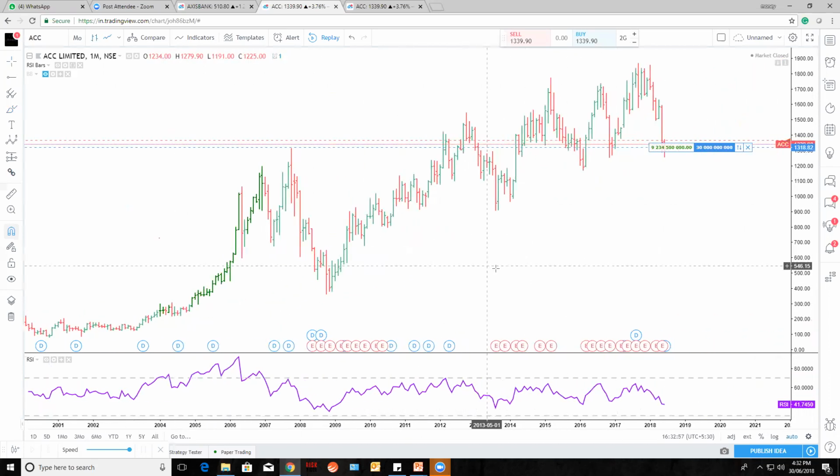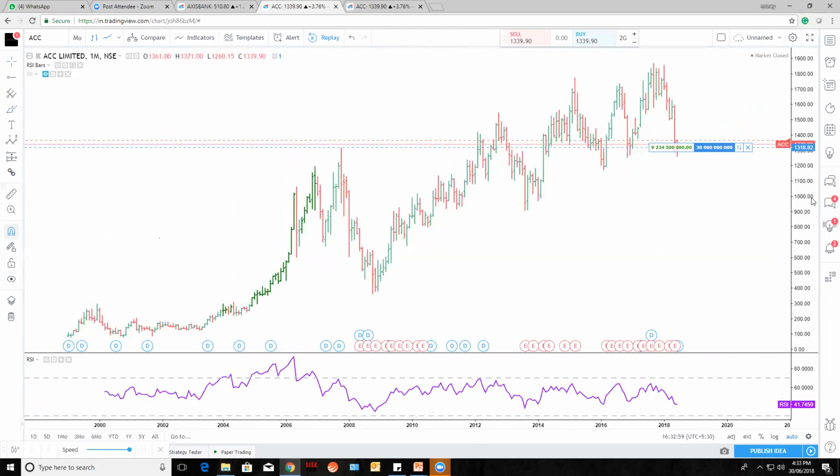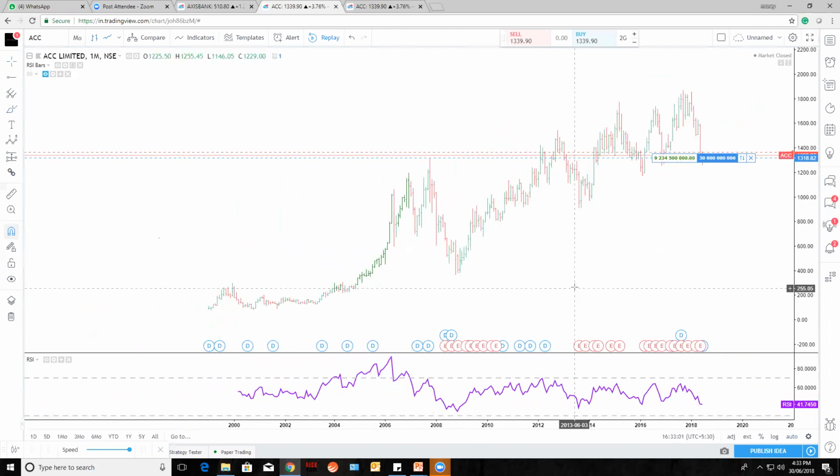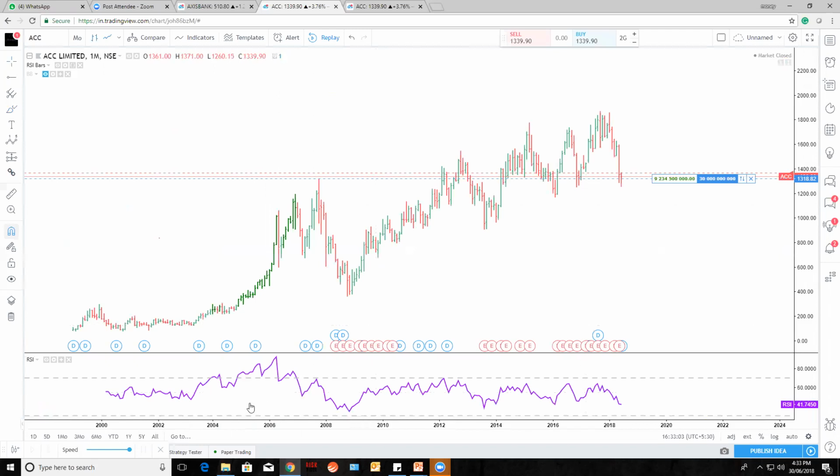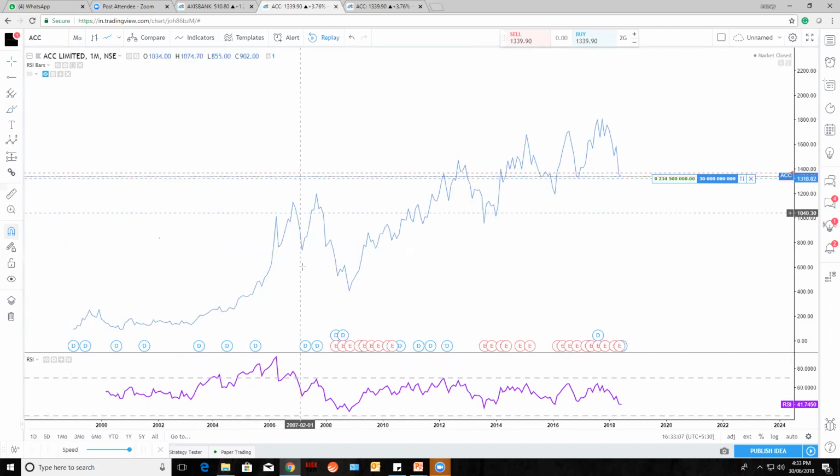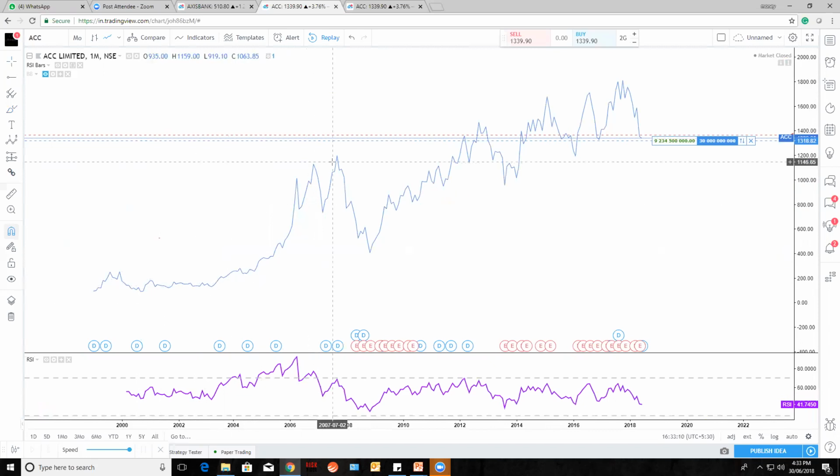Let's take this. If you see in waves, this whole movement is an impulse and this is a correction, this is an impulse, this is a correction, impulse, correction, impulse.